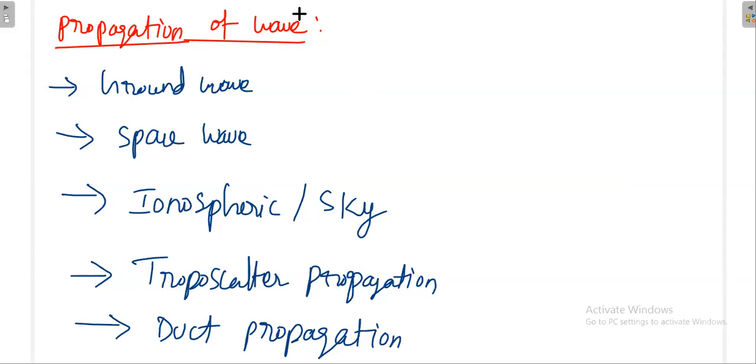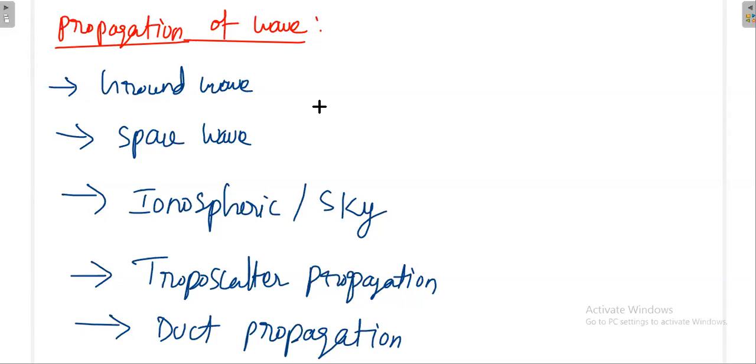Wave propagation depends on both the frequency as well as the physical properties of the medium, the properties of the environment. Sometimes our ground acts in a different manner.